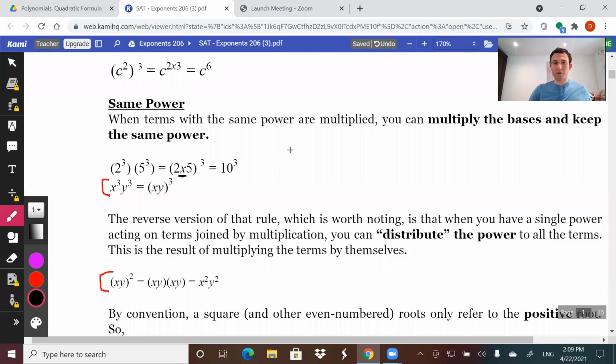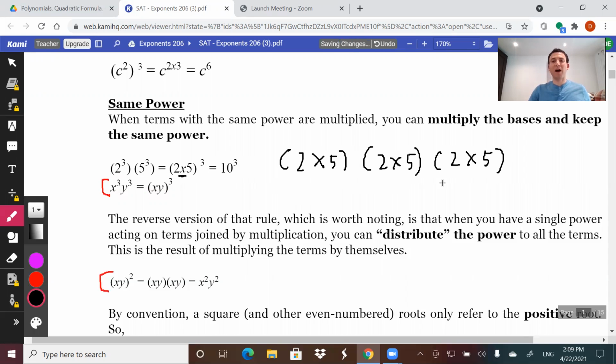Why does that work? Well, let's look at it. We have 2 times 5, 2 times 5, and 2 times 5. That's essentially what this is. Because we have 2 times 5 three times, you can think of that 2 ways.